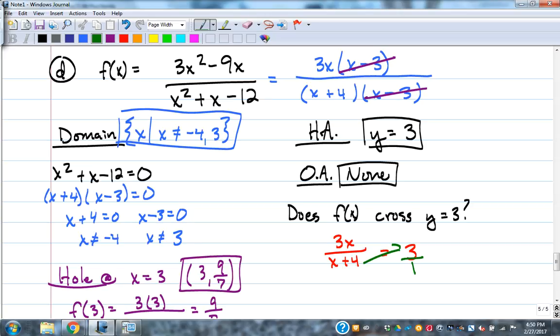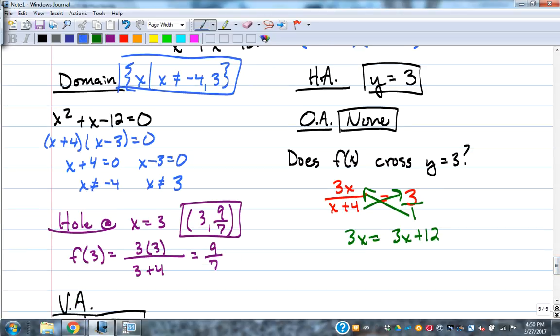I'm going to make it a fraction so I can cross multiply. 3x equals 3x plus 12. When I go to solve that, all the x's cancel out and I get 0 equals 12. Does 0 equal 12? No, so it doesn't cross that. Because we don't get an answer that says x equals something. Okay. That's exactly right. It only crosses if you get x equals some number. That's the only time it'll cross.